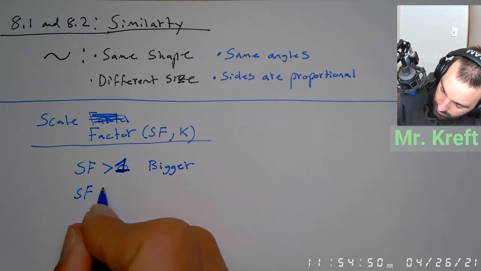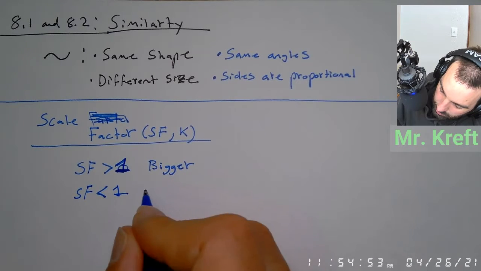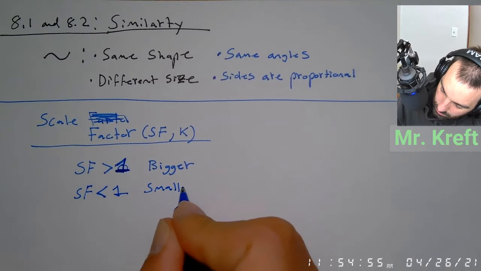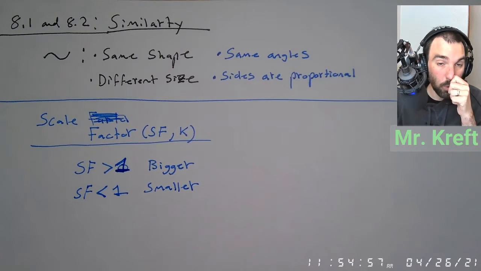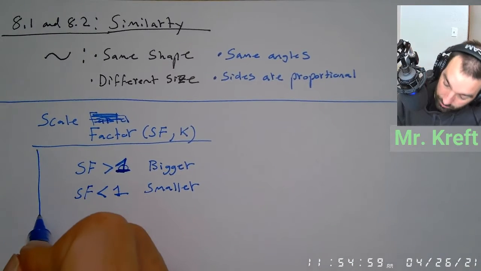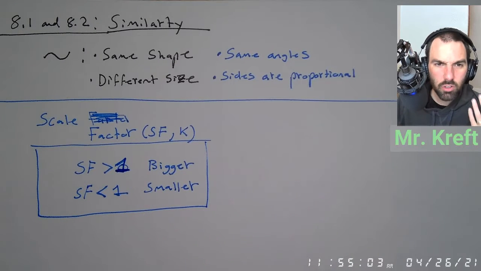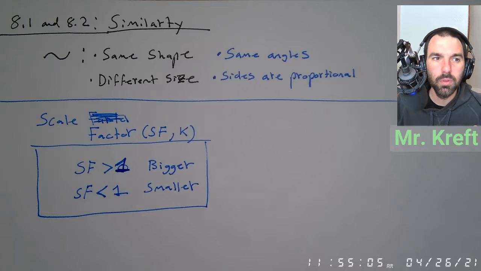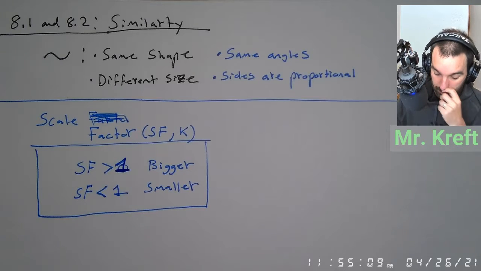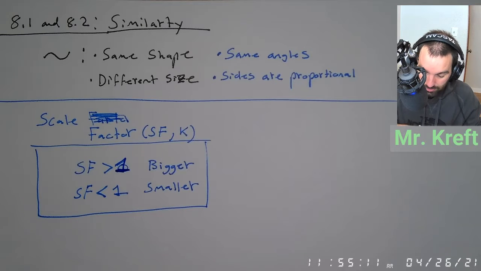If the scale factor is less than 1, you get smaller. And if it is 1, then you're congruent. So let's go over some examples of similarity, and then let's clean that up and then we can talk about what's going to happen for the rest of this week.